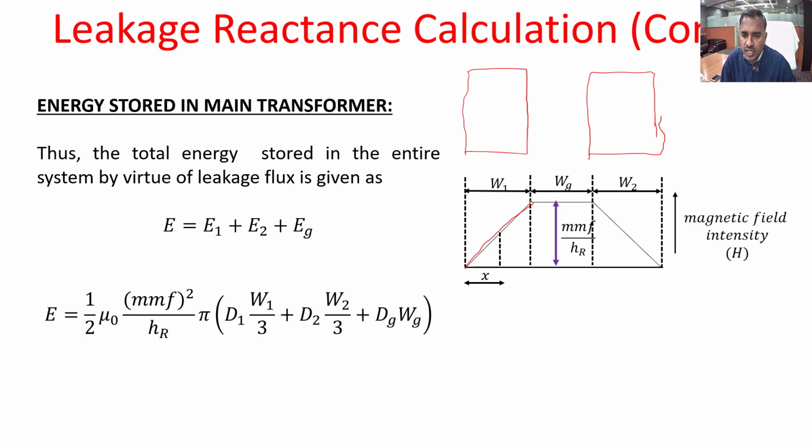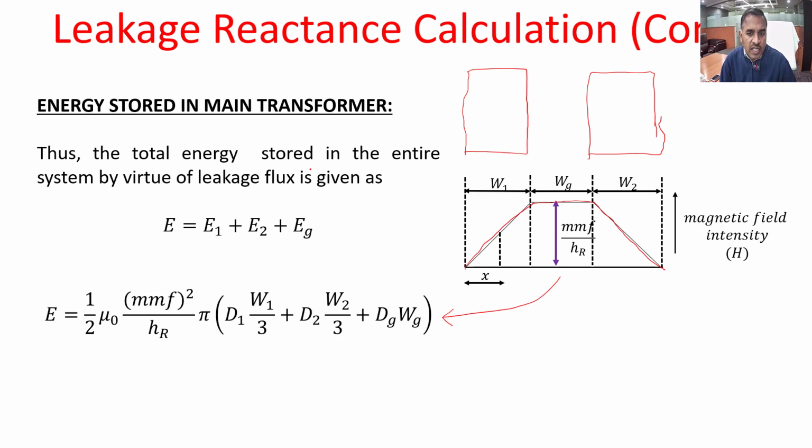It is increasing, and then in the air gap it will remain constant and then go down like this. Now the total MMF is known, so this formula is similar to whatever we have done. For the main transformer there is no issue because the primary winding is 100% in use, and the secondary winding is also 100% in use. So the MMF will be exactly the same like this.